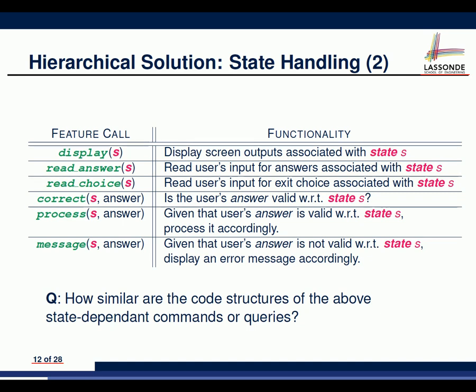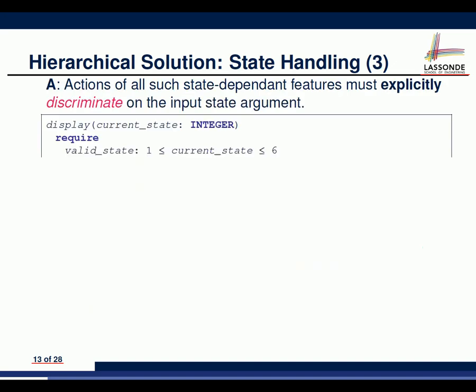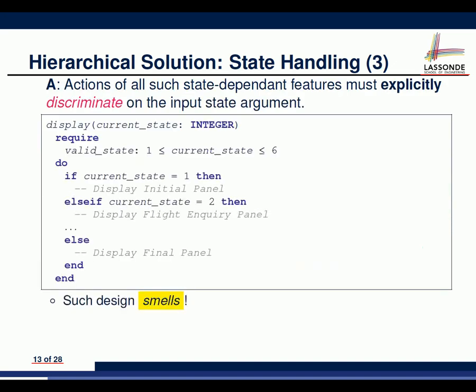Basically, every feature at the middle level and at the bottom level is going to take the current state as the parameter, so you have to do some exhaustive check on what the value is. If you got 6 different states in the system, you need 6 different branching conditions. If you got 10, you need 10. If you got 100, you need 100. It's very tedious to do, even just one time, let alone multiple times.